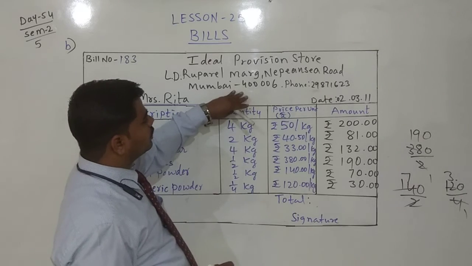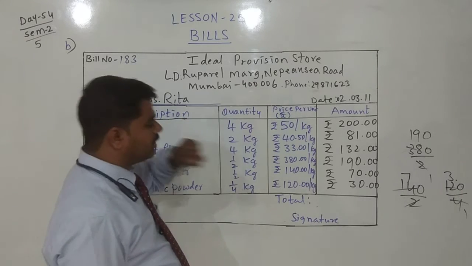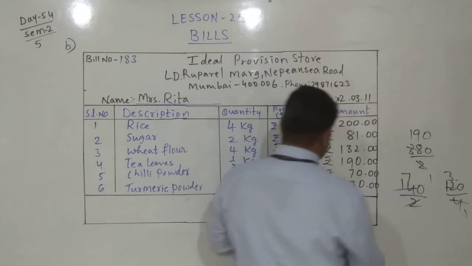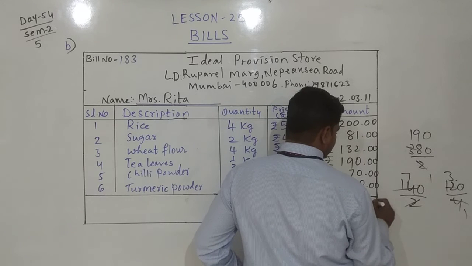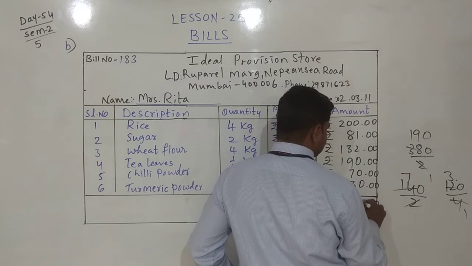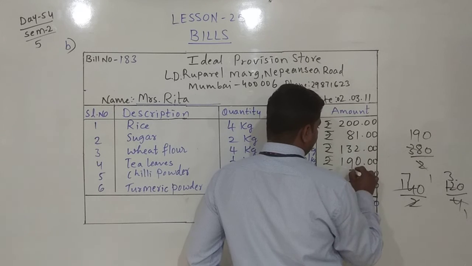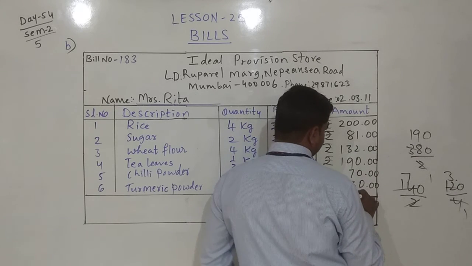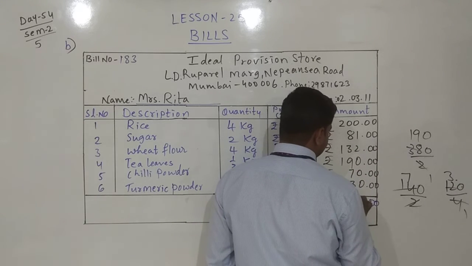Yes, you need to draw the same everything in your notebook. Yes, here 0.00 decimal point. Yes, 1 plus 2 is 3. 8 plus 3 is 11, plus 9 is 20, 20 plus 7 is 27, plus 3 is 30.